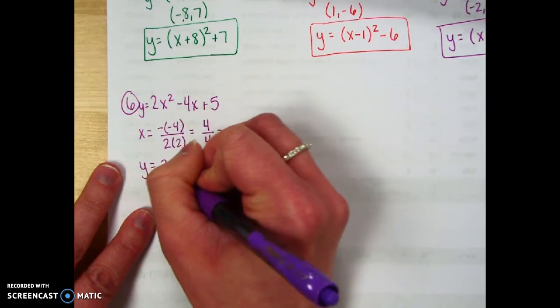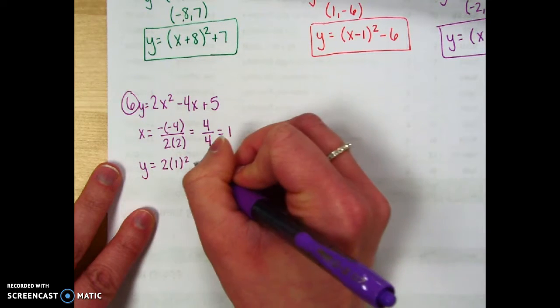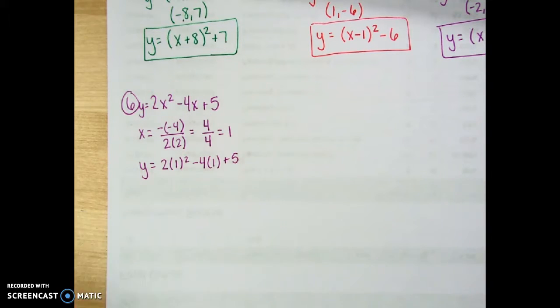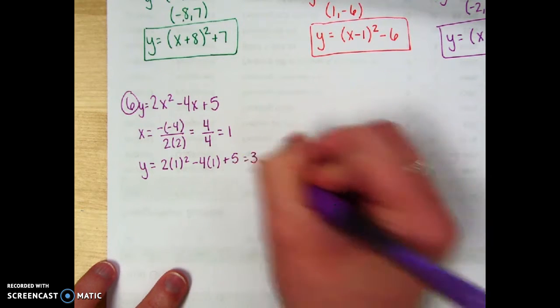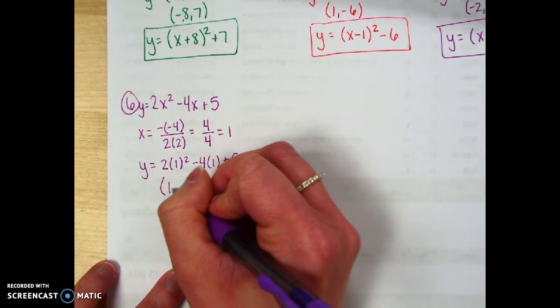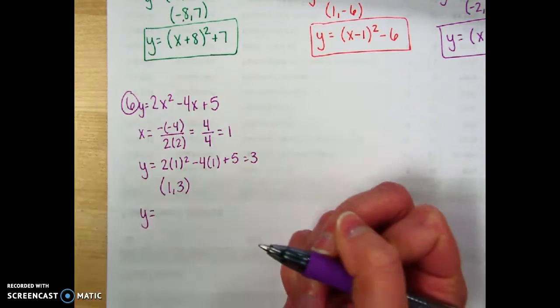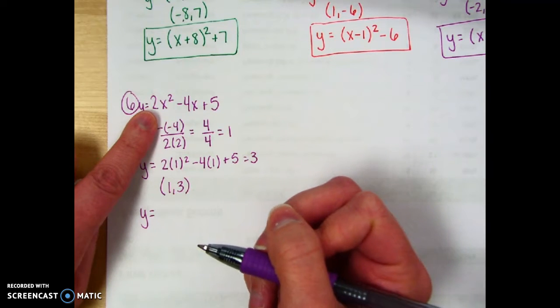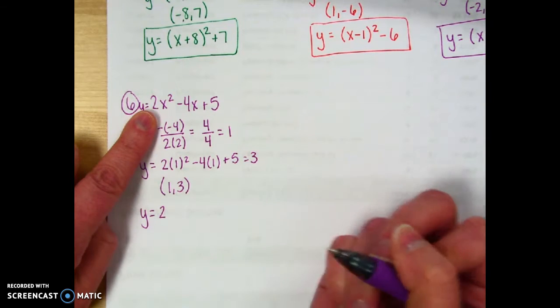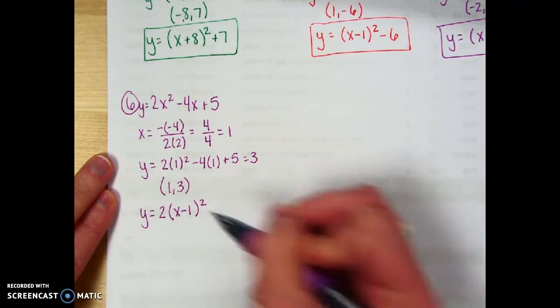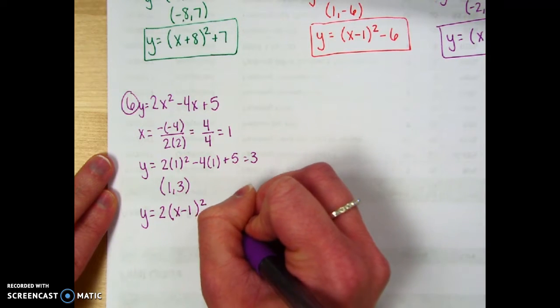Y equals 2 times 1 squared minus 4 times 1 plus 5. That's 3. Vertex is 1, 3. Now my equation, y equals, this is a, this needs to go in front, so that's 2 times x minus 1 squared plus 3.